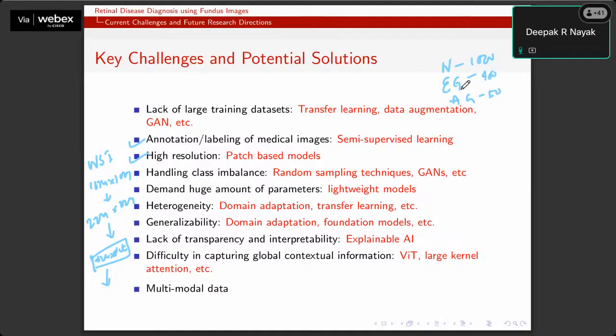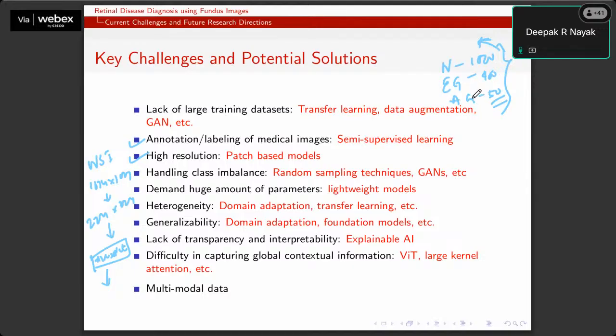So this data set is purely imbalanced. If you train the model without looking at this class imbalance issue, the model will be biased towards the majority class, and we have the minority classes.